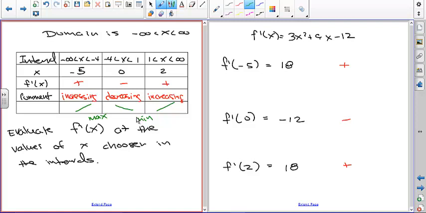So the way you would formalize this is you would say, let me add a page in between here.